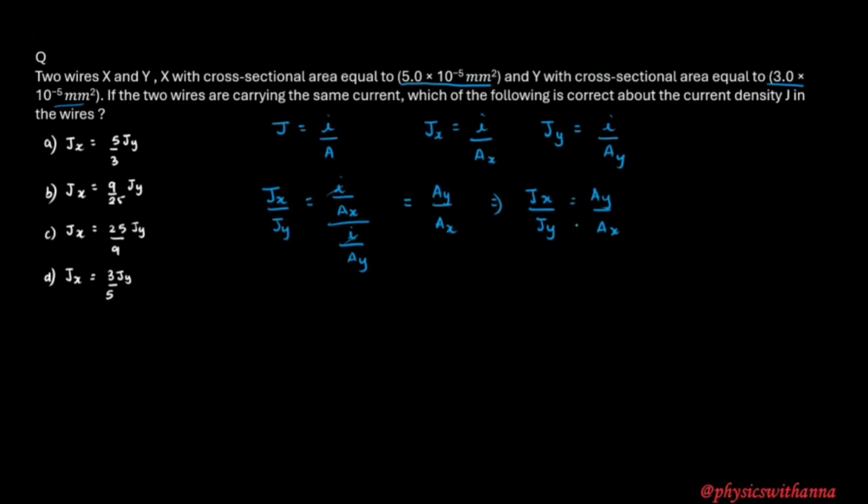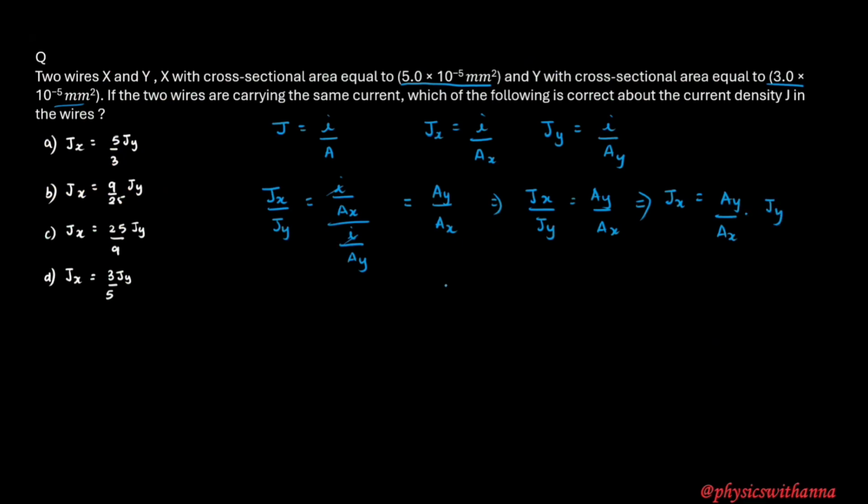Now you can use this relationship whenever they ask you to find the ratio of current density. We know that current density is inversely proportional to area, so JX over JY has to be equal to AY over AX. So if we have two wires 1 and 2, the ratio of current density will become J1 over J2 equals A2 over A1. They must go opposite to each other. I need to rewrite everything in terms of JX, so let's rearrange. JX will be equal to AY over AX into JY.